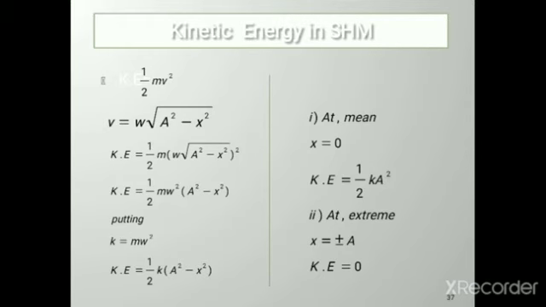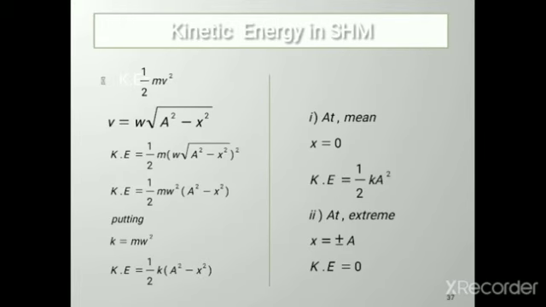You will get kinetic energy equal to half m omega square (A square minus x square). You can substitute k equal to m omega square. So the equation reduces to kinetic energy equal to half k (A square minus x square).